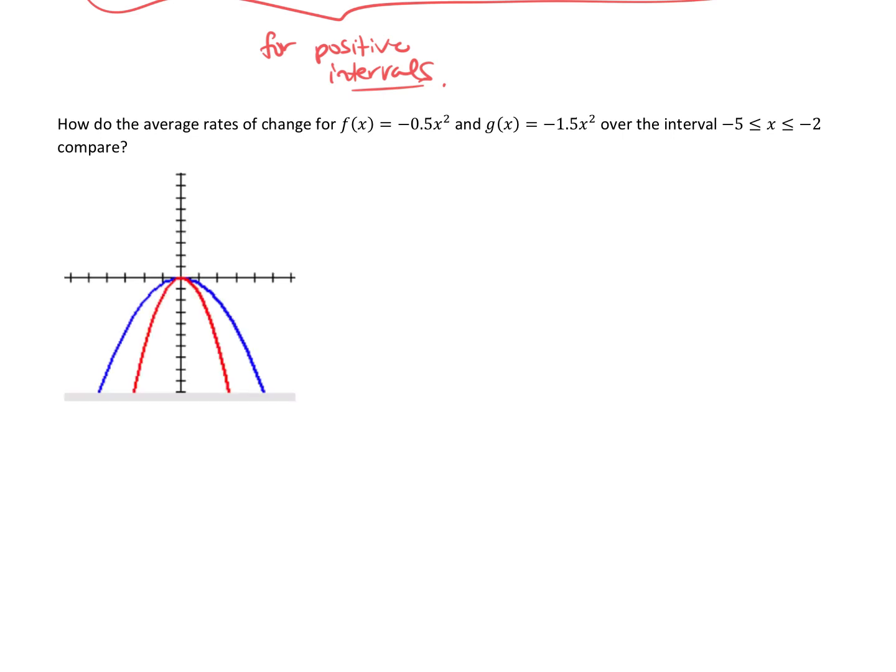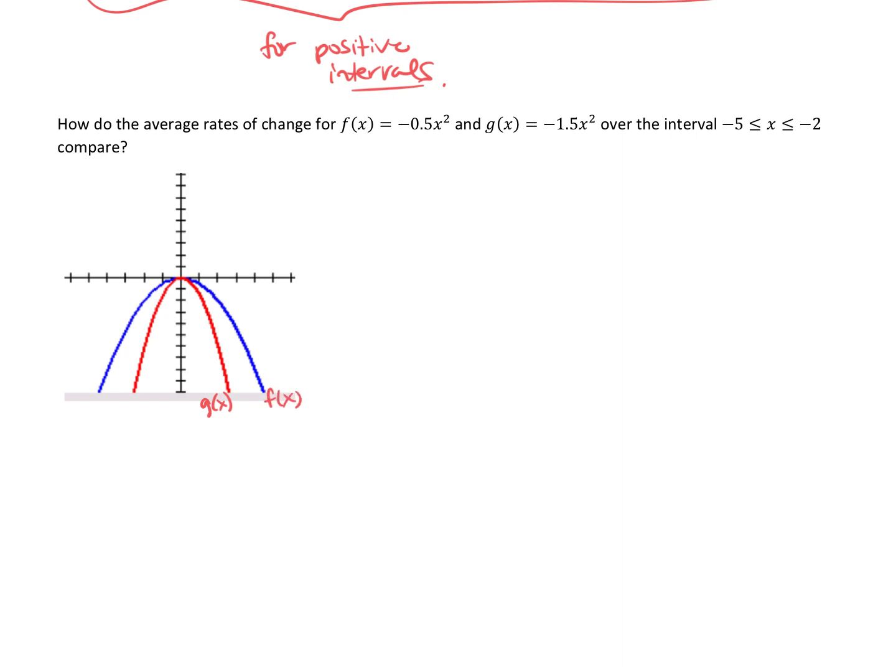So we can quickly just look at a graph. What we're doing is this one that's more narrow, that is our g of x function, the negative 1.5. And then the one that's more wide is our f of x function.